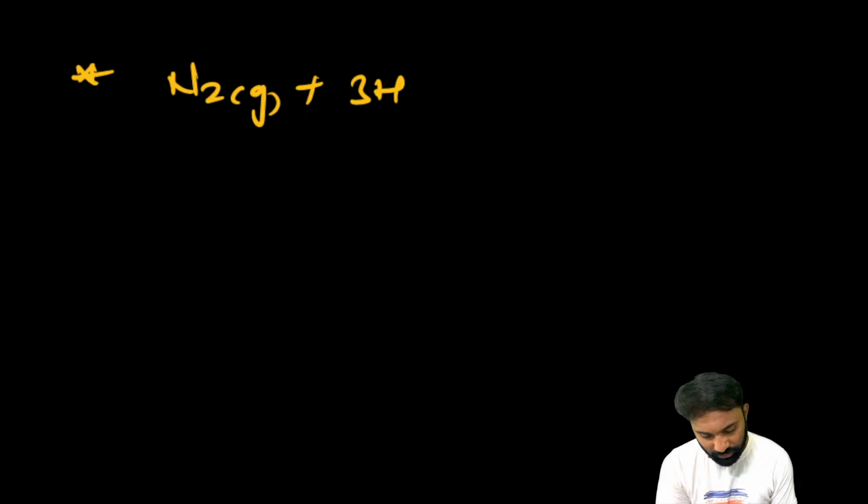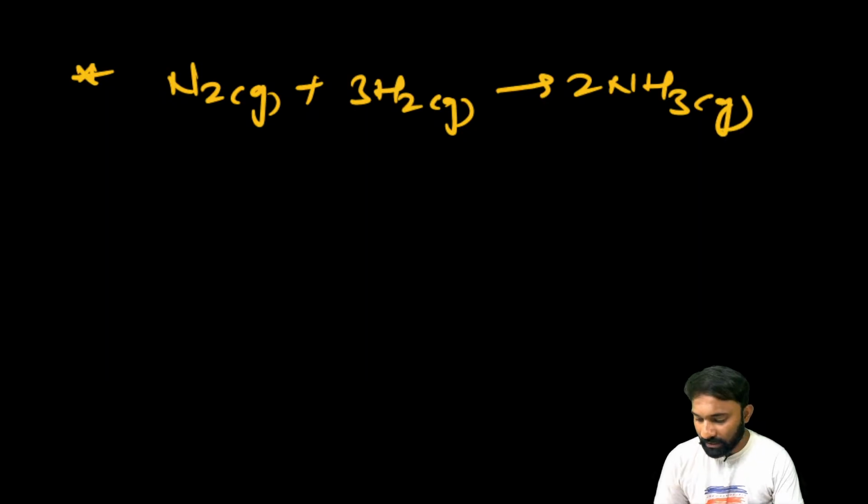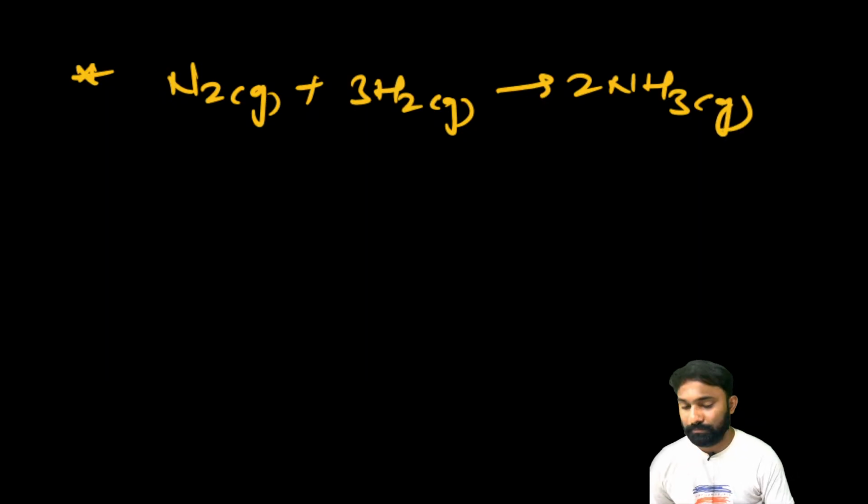Next one, let's suppose one reaction they have given like this. Let's suppose 2 liters: N2 gas plus 3H2 gas gives rise to 2NH3 gas. Now this is work done by the system or work done on the system?